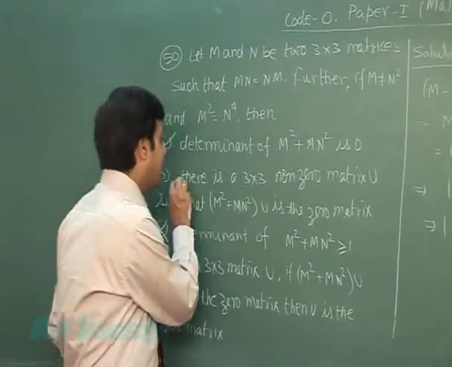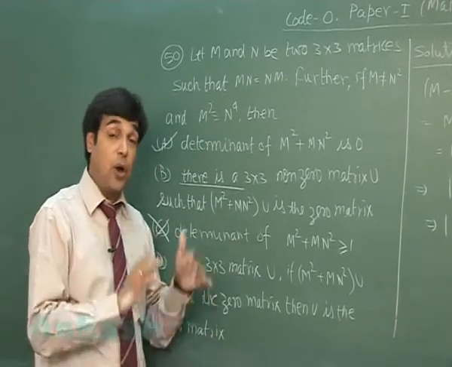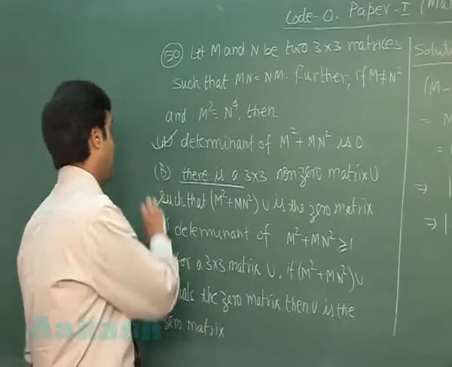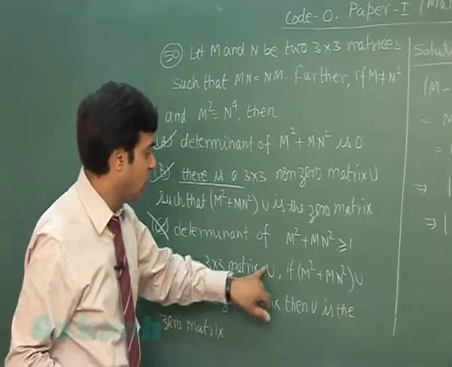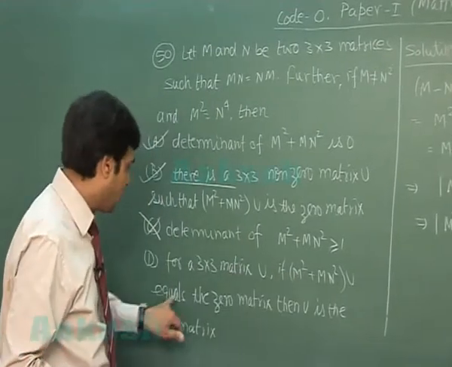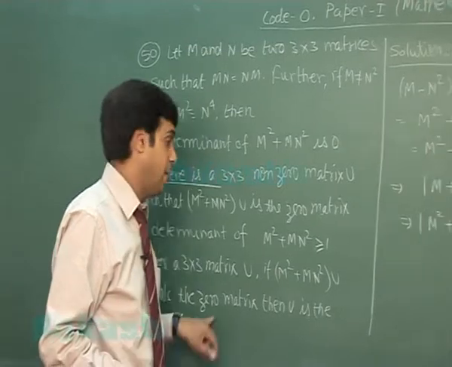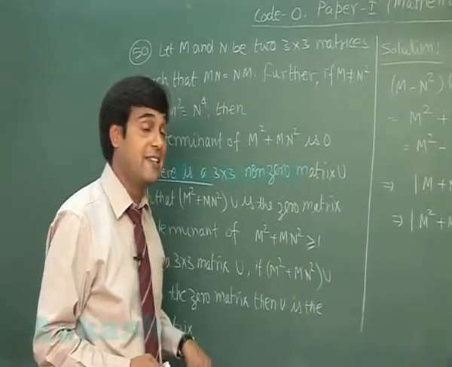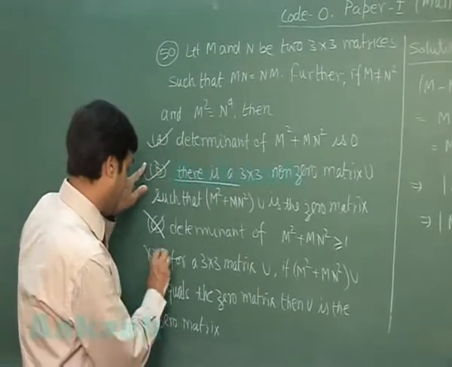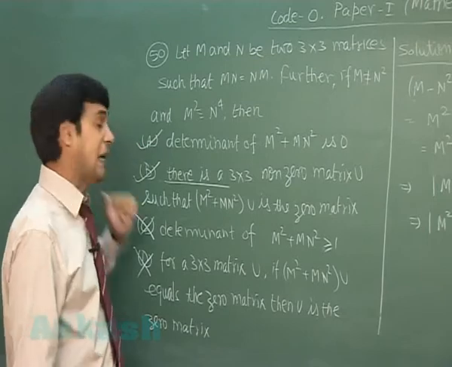They are saying there is a 3 by 3 matrix. Not always, but there can be. So it is correct. Fourth, for a 3 by 3 matrix U, if the product equals the zero matrix, then U is 0. Not a necessity, because U can be non-null. Even in that case, we can get the zero matrix as we have seen in option B. So for question number 50, the correct options are A and B.